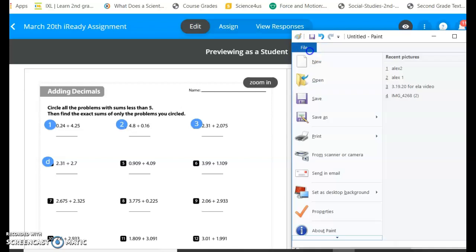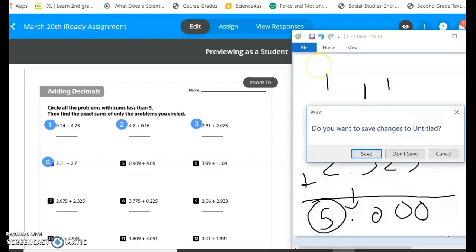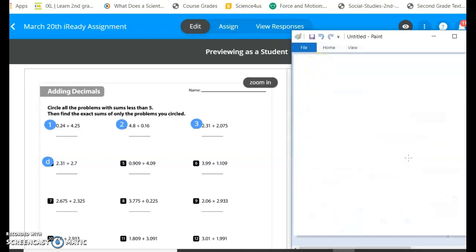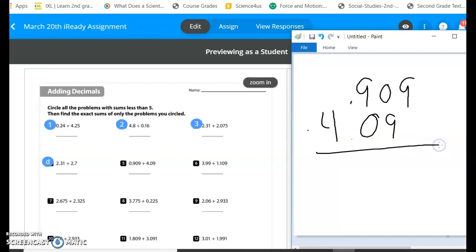I'm going to go down now and do one more quick problem where I'm looking at number 5. So I've got 909 thousandths plus 4 and 900ths. And I can put a 0 here to help keep myself aligned. I'm trying to make that decimal visible.